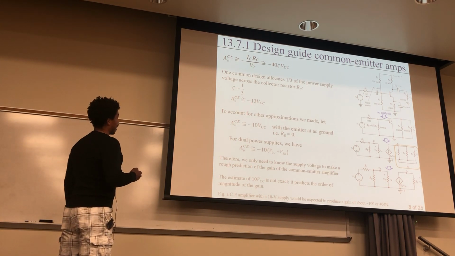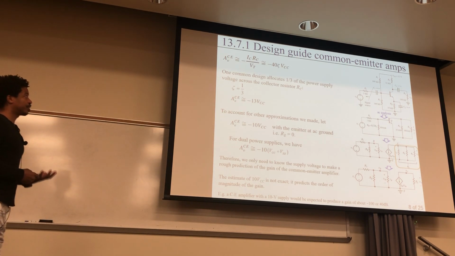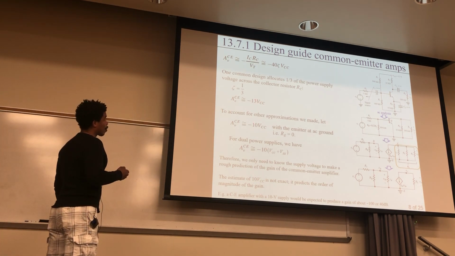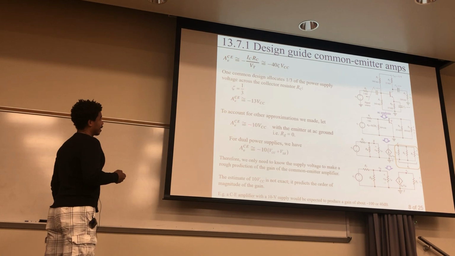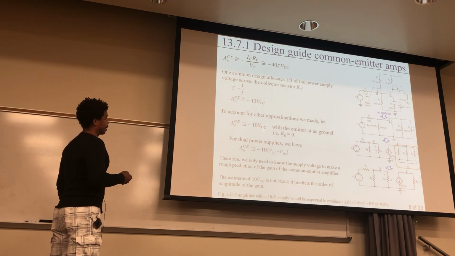So that could be negative 13 VCC if you plug in 1/3. Now, to account for other approximations you made along the way, because you made a lot of approximations to go from here down to there, you can have an even more conservative value and just say negative 10 instead of negative 13 times VCC.